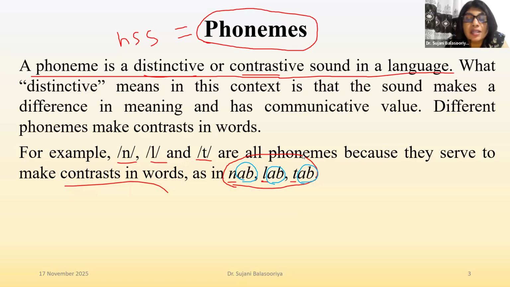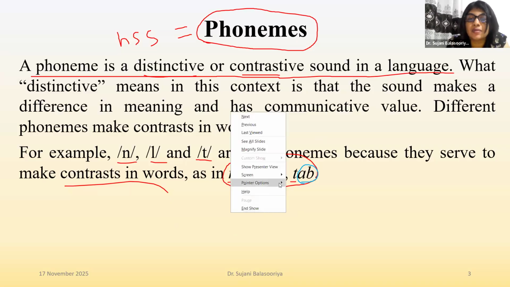Yes, Aisha, I'm asking which sounds, because there are so many sounds. Right? Sounds make the difference, but which sound? That's the point. Which sound? Yes. N, L, and T, which means the initial sounds, right?